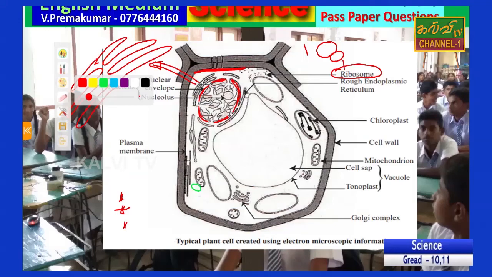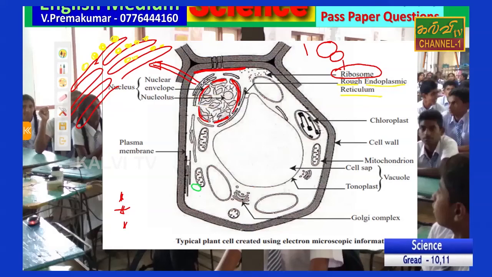On that there are small rounds, very tiny ones. We can stick them because it doesn't have a membrane: the ribosomes. So the smooth one is going to change to rough. Therefore we call it rough endoplasmic reticulum. That means the surface of the reticulum is stuck with ribosomes. There are so many ribosomes stuck on the ER.